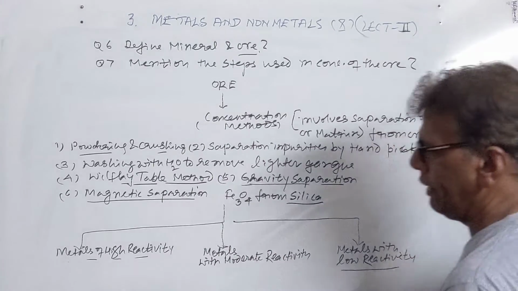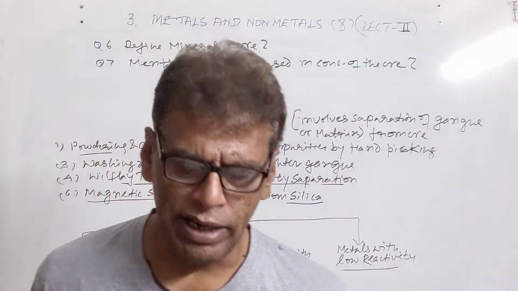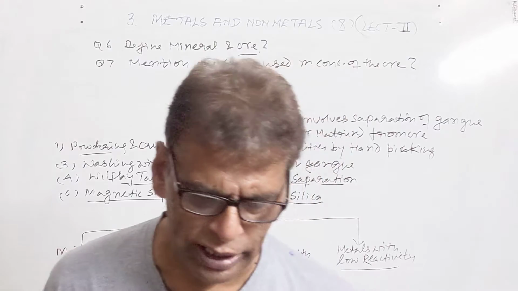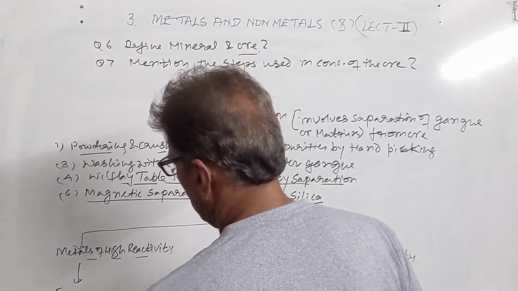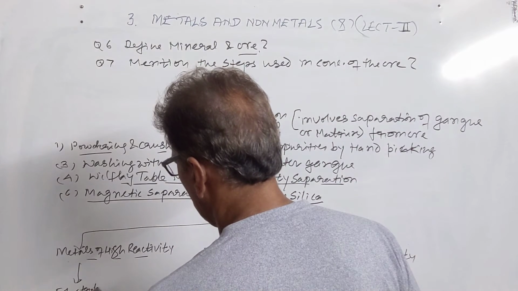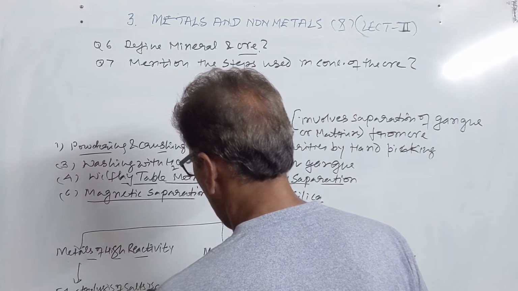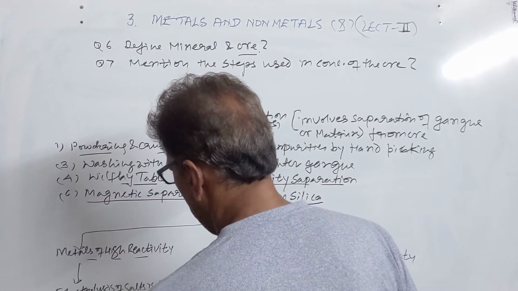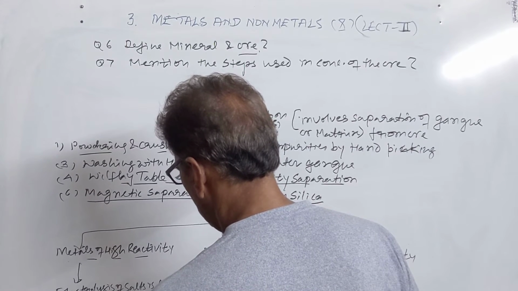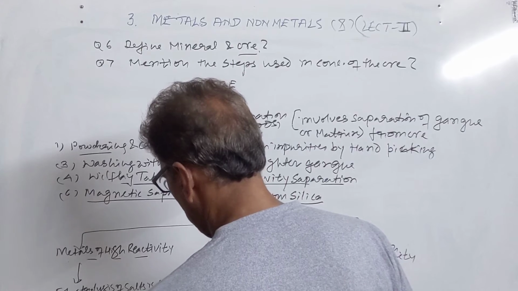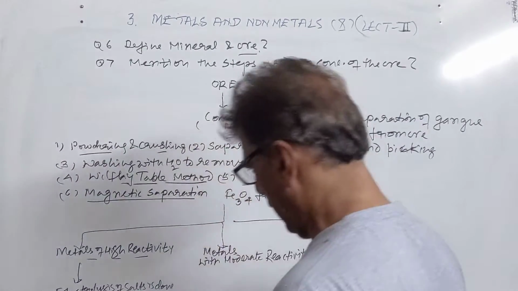Highly reactive metals cannot be extracted by reducing their oxide by heating with hydrogen or carbon monoxide. They are extracted by electrolysis of their salts, and we get the metal at the cathode. This is then subjected to refining. We have a number of techniques of refining.